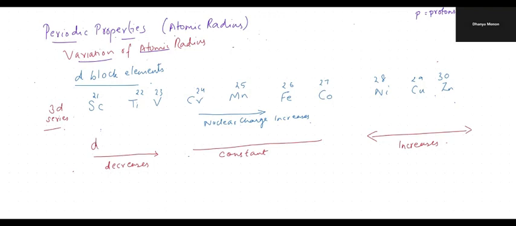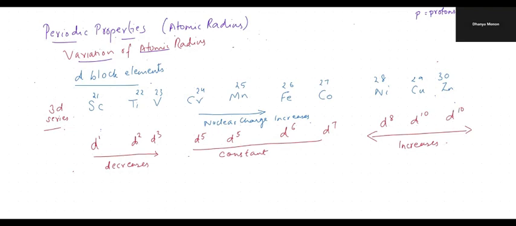Here the number of electrons will be D1. In titanium, it will be D2, then D3. For chromium, it is an exceptional case, half filled, so this is D5. Manganese is D5. Then D6, D7, D8. And copper is an exceptional case, D10, and zinc also D10.